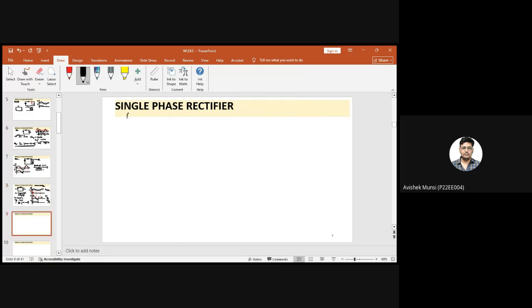Now with the RL load, what will be the scenario? I'm discussing this because we'll solve some problems related to these loads. This is my RL load. Let's consider this is alpha, this is beta, and this is 2 pi.